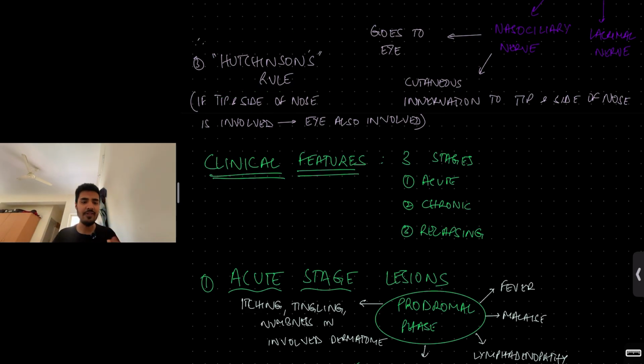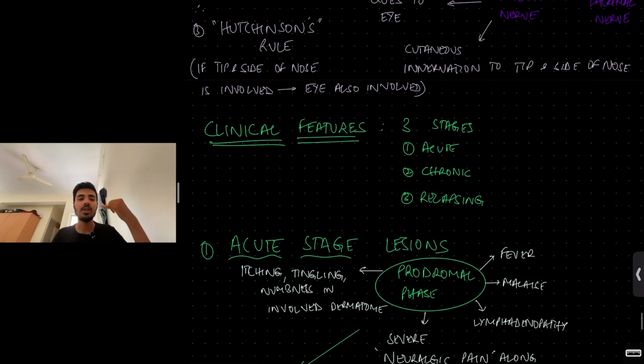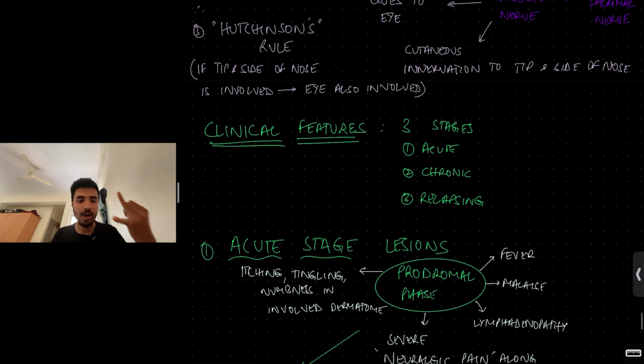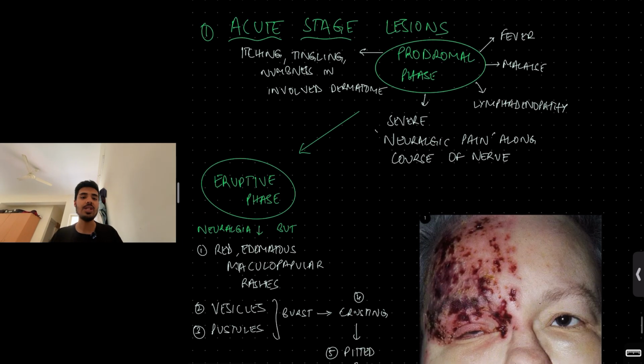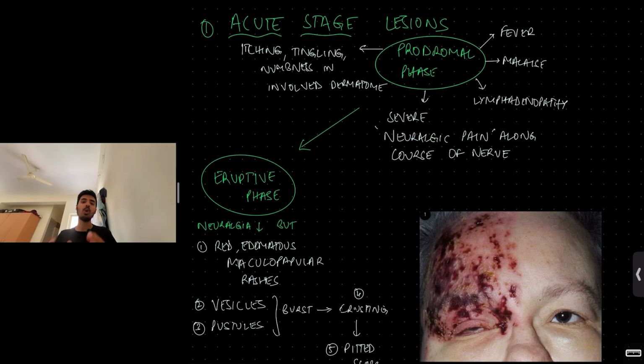Then clinical features occur in three stages: acute stage, chronic stage, and relapsing stage. So in the acute stage, what happens? You have a prodromal phase. This prodromal phase basically has systemic features like fever, malaise, lymphadenopathy.